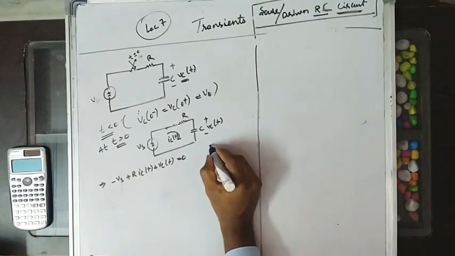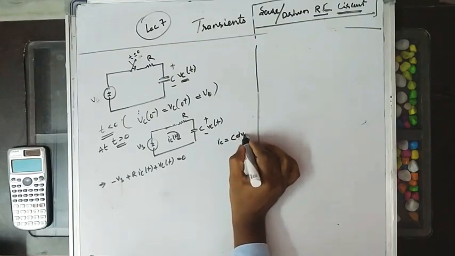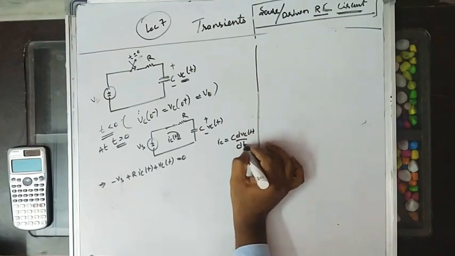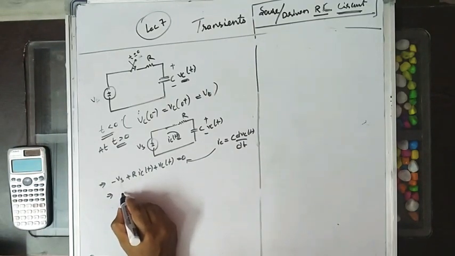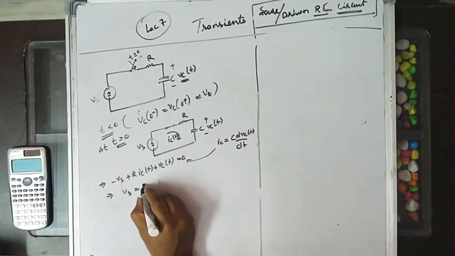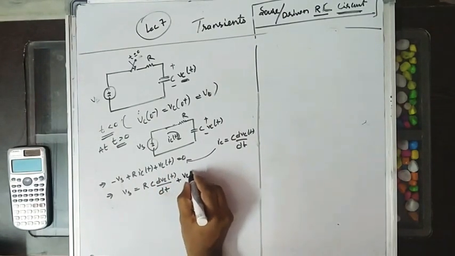The current flowing through the capacitor, Ic, equals C dVc by dt. Substituting this here, you get Vs equal to RC dVc by dt plus Vc of t.